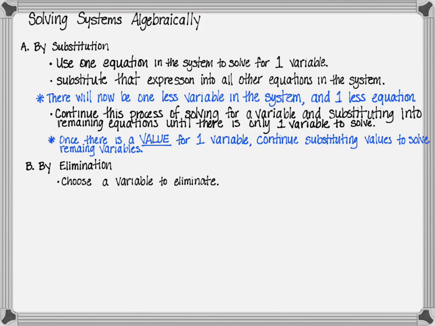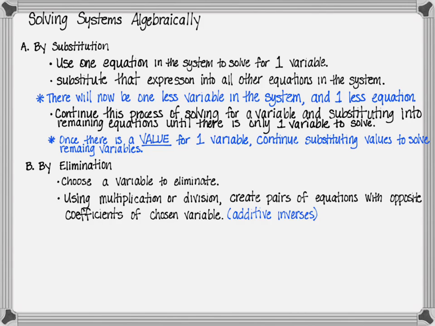With elimination, you look at your system and you decide which one variable you wish to eliminate. Using multiplication and division, you're going to create pairs of equations with opposite coefficients of the chosen variable, meaning they will be additive inverses. You're going to add equation pairs to eliminate the chosen variable.